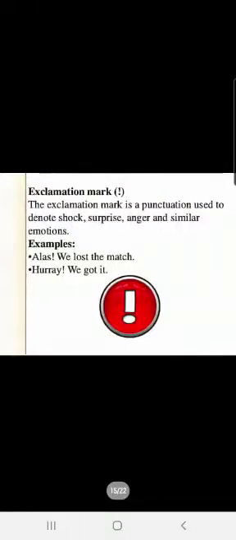The next punctuation mark we are going to see today is the exclamation mark. Children, we use an exclamation mark after interjections, or when you have a sudden feeling. It is a punctuation mark used to denote shock, surprise, anger, and similar emotions.